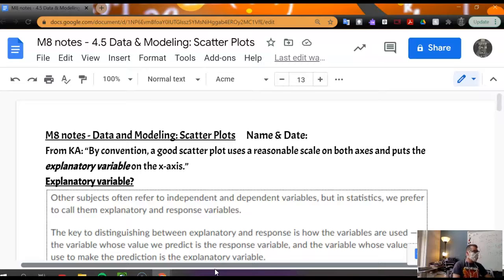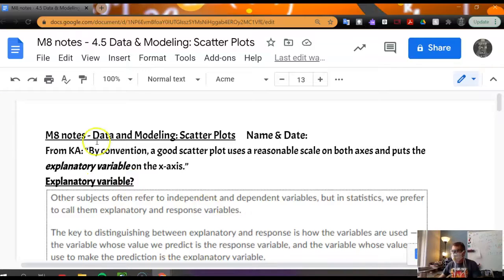And the graphs aren't false. It's not lying to you, but it's not really being forthright about what the data actually says. And that's what makes the difference between a good modeling of data and a not good, not wrong, but not good, right? So we're going to talk about what makes a good modeling of data.